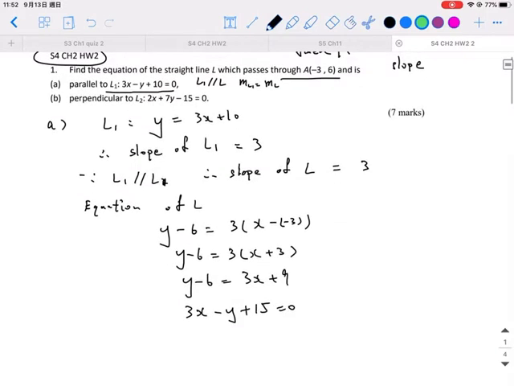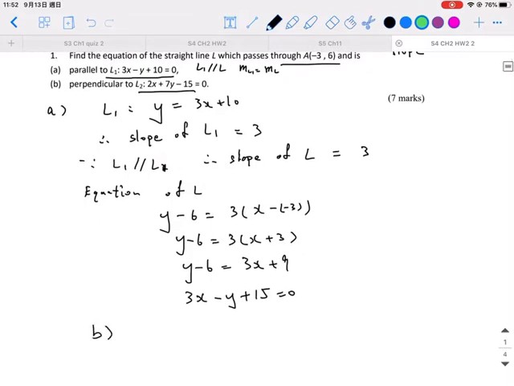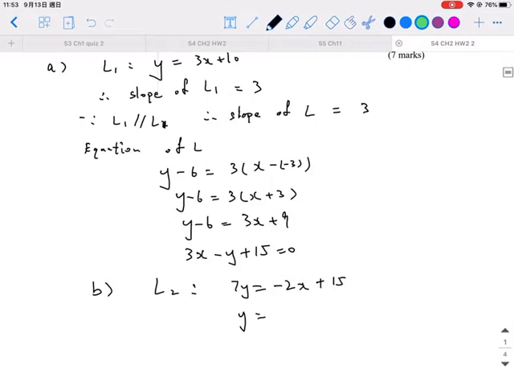And for part B, about perpendicular to L2, we have the fixed point and the slope of L2 should be, so I changed to slope-intercept form again. That means 7y equals -2x plus 15, right? And y will be equal to -2 over 7 x plus 15 over 7.